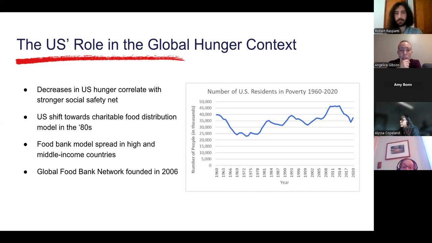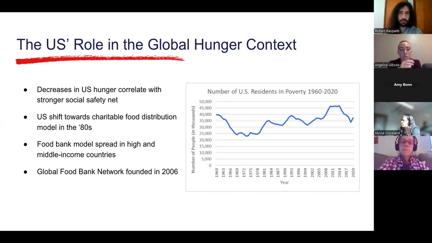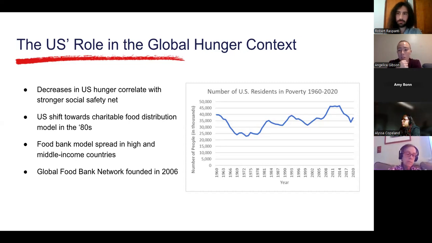But in general, what you see is that decreases in hunger correlate with a stronger social safety net. Not a huge surprise, but we have an abundance of evidence, and I'll get into the specific evidence of more recent times, specifically from the pandemic on, and how clear that correlation is.